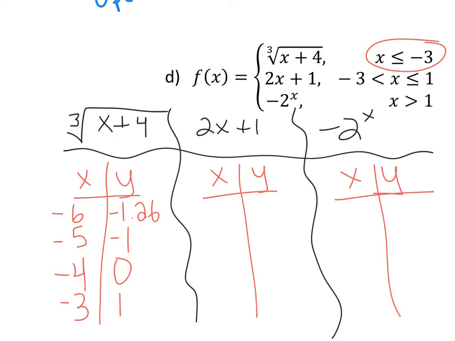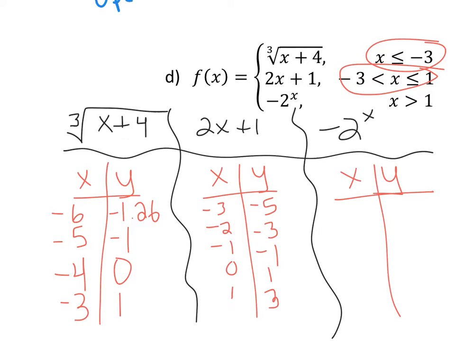All right, our next one, 2x plus 1. X values between -3 and +1. So -3, -2, -1, 0, 1. You can plug it in your calculator or do this one by hand. And we have -5, -3, -1, 1, and 3.